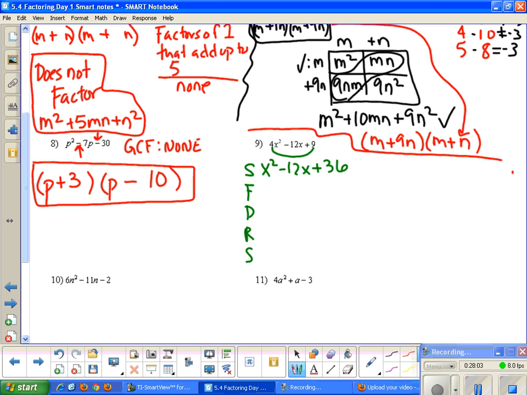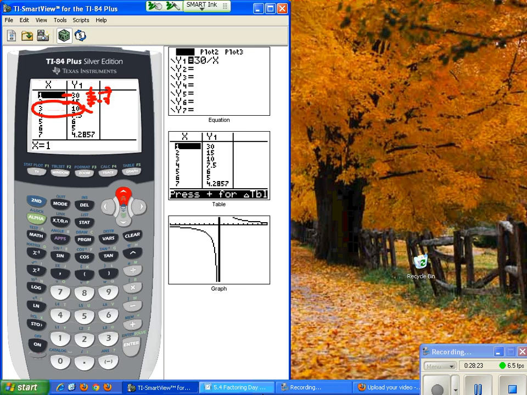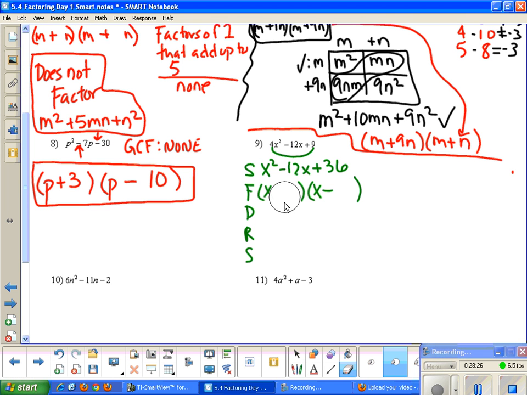Now this should look familiar. We just factored problems like this, so you should be able to factor this on your own. So try to see if you can do that. Since my last sign's plus, I know both my signs have to be negative to get a negative middle term.